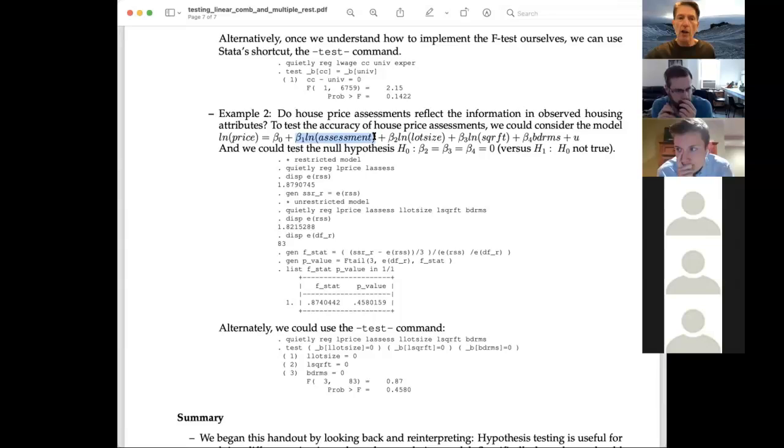Once we condition on the log of assessment, these other regressors tell us nothing about log of price.